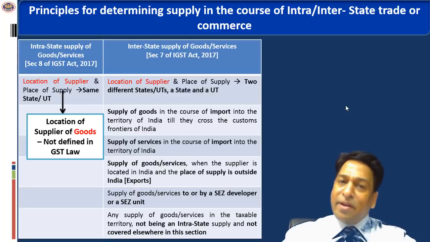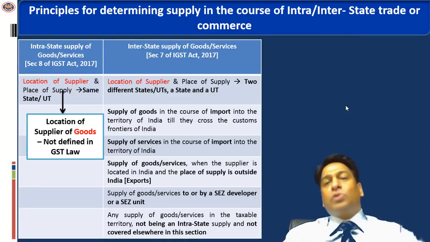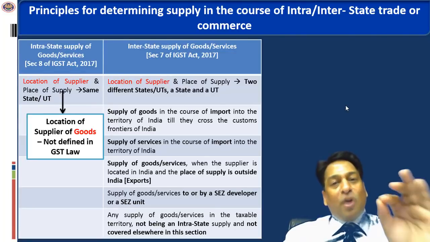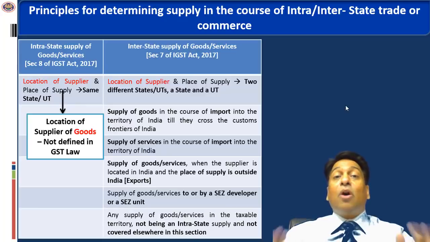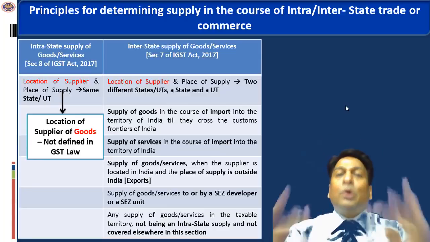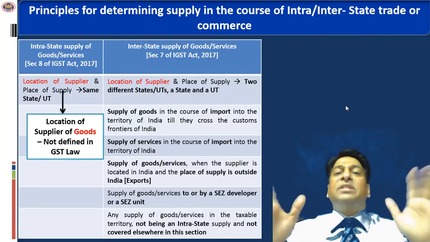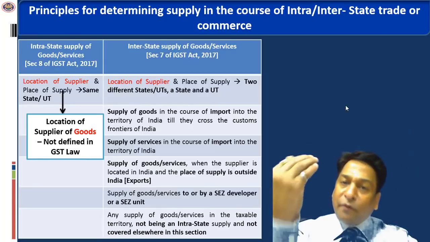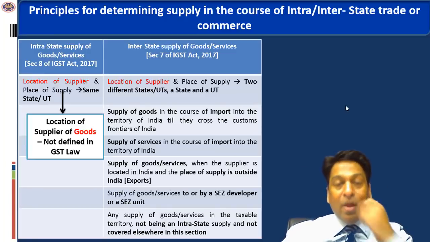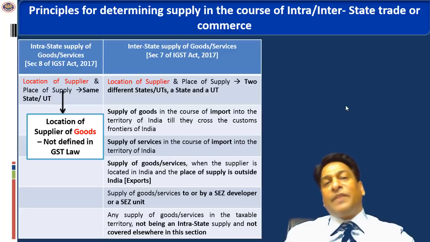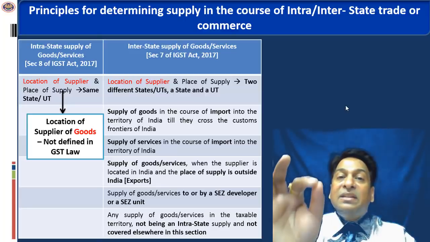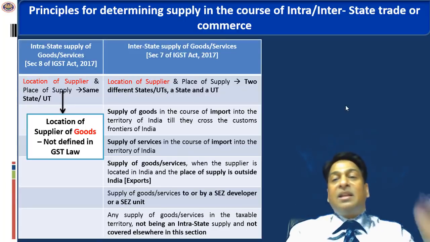Location of supplier in India, place of supply outside India, these are export transactions, export of goods, export of services. These are called interstate. With a GST leviable? No. It is zero rated, Section 16 of the IGST Act. It can happen on payment of IGST, but you can go for a refund of the IGST paid, or you can go without payment of taxes.